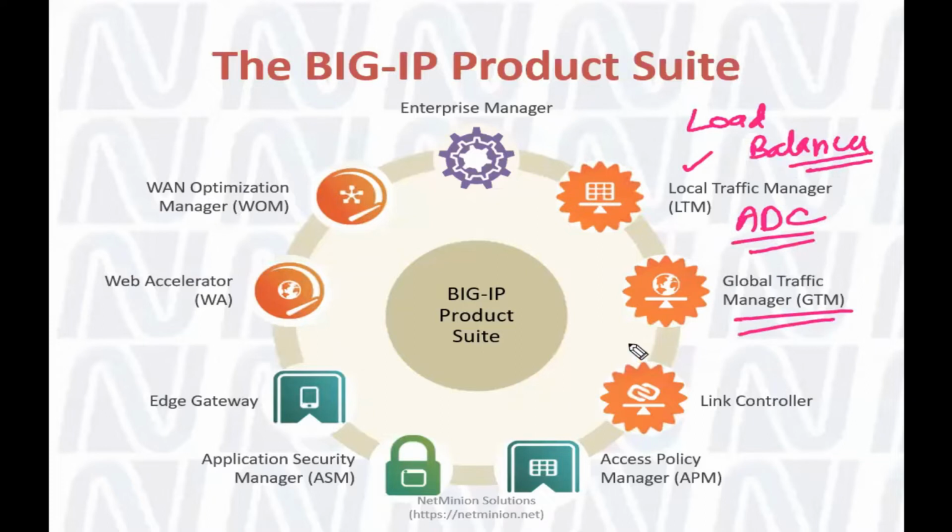GTM was the former name; the current name is DNS, and it is an intelligent DNS solution of F5. Similarly, the link controller, not much in the market. APM, a really robust product regarding policy management and access policy. It is very much booming in the market, I would say.